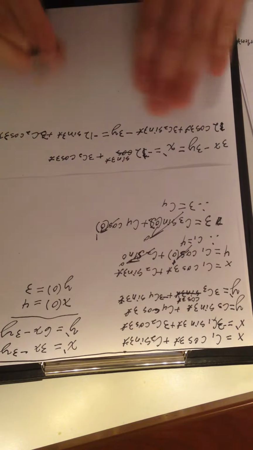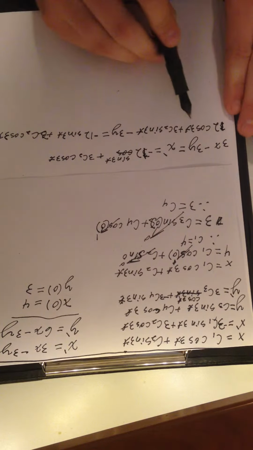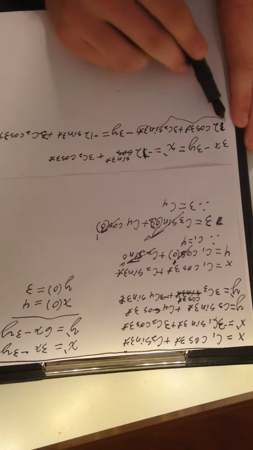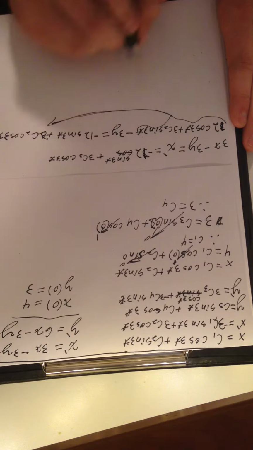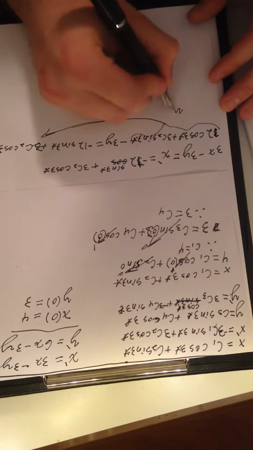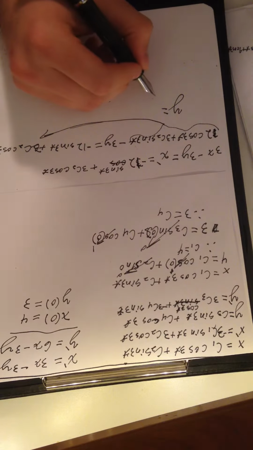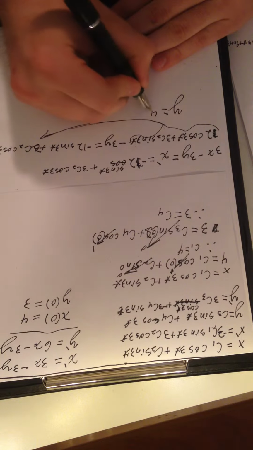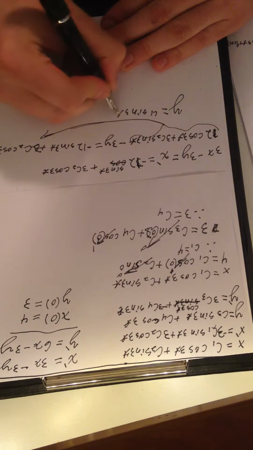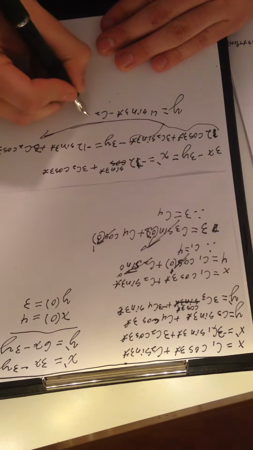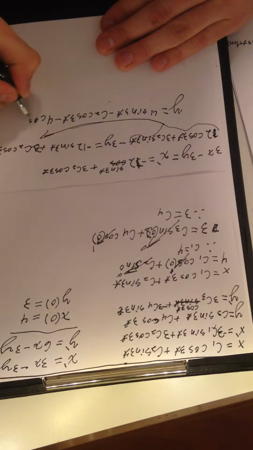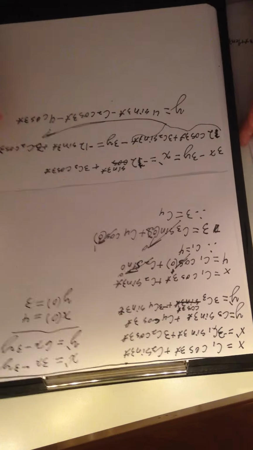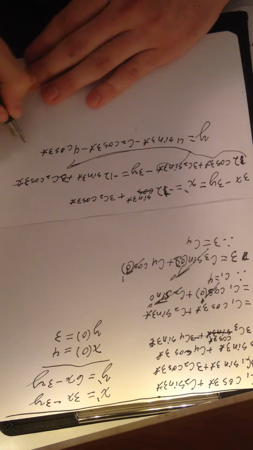What we're going to do here is actually solve for y. So we're going to bring this entire section over to the other side, and we're going to divide everything by negative 3. In doing that, we will find that y is equal to 4 sine 3t minus c2 cosine 3t minus 4 cosine of 3t minus c2 sine of 3t.